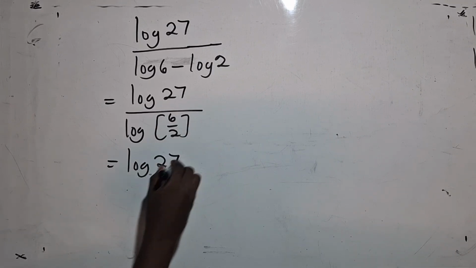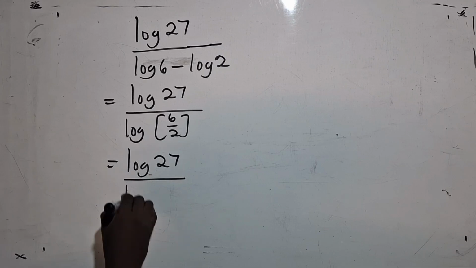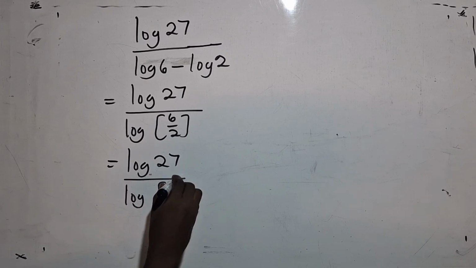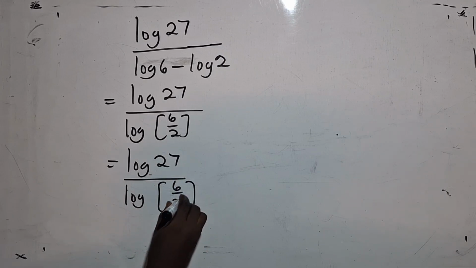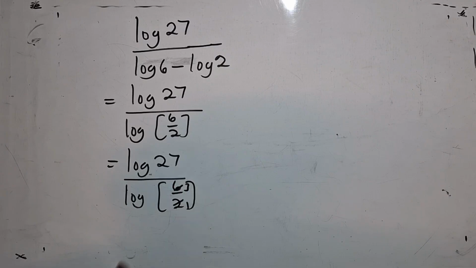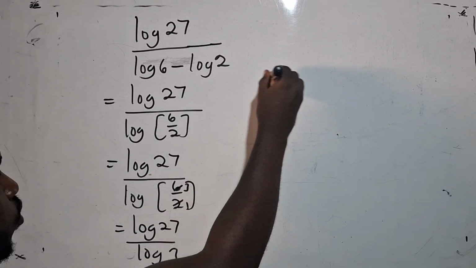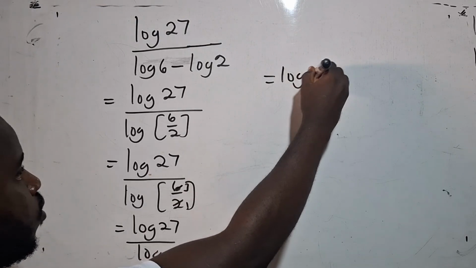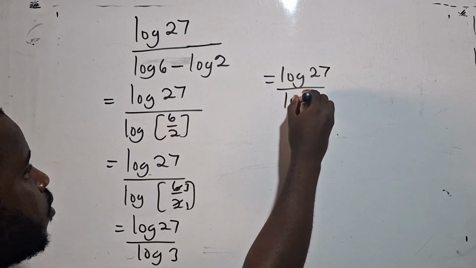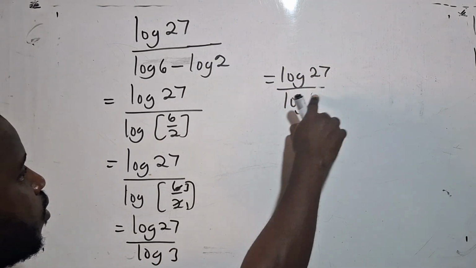So log 27 over log of 6 on 2. 2 can divide here, 1 divide here, 3. So now we have log 27 on log 3.